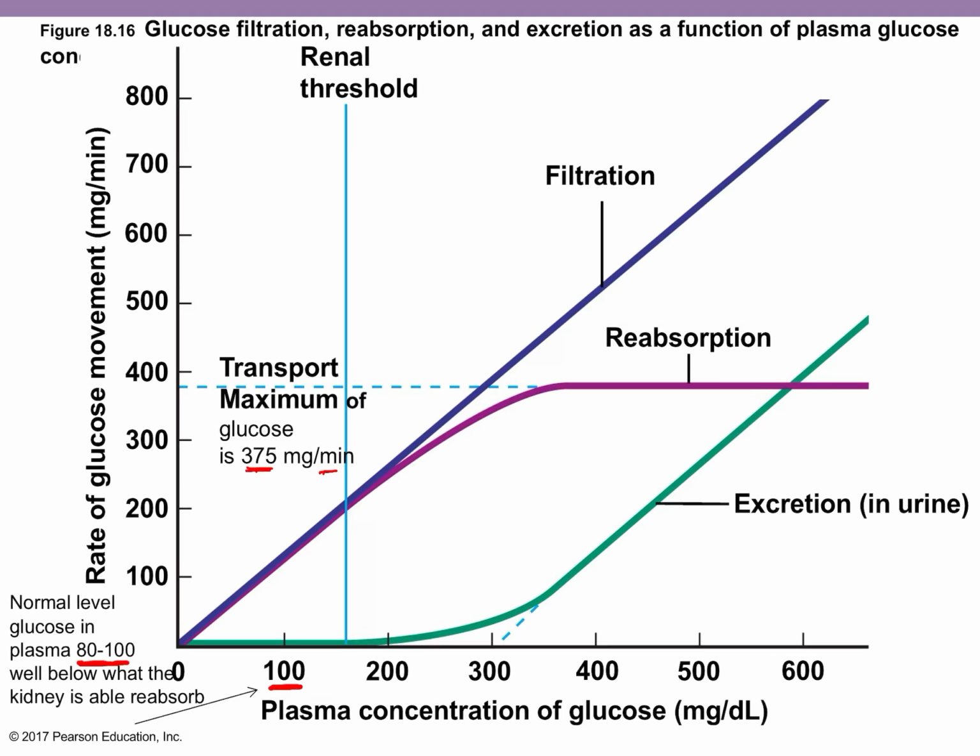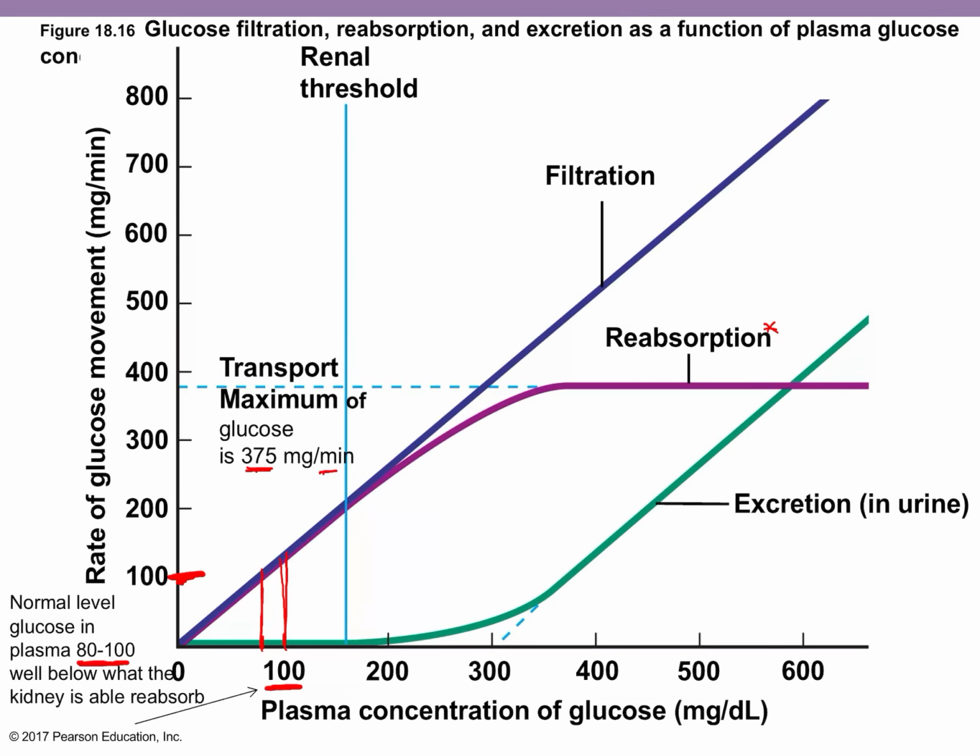It turns out that your normal blood glucose level is anywhere between 80 and 100 milligrams per deciliter. So here we have 100, but normal is below that. So it's kind of here to here, right? This is the normal range. The purple line, or the magenta line, is reabsorption.